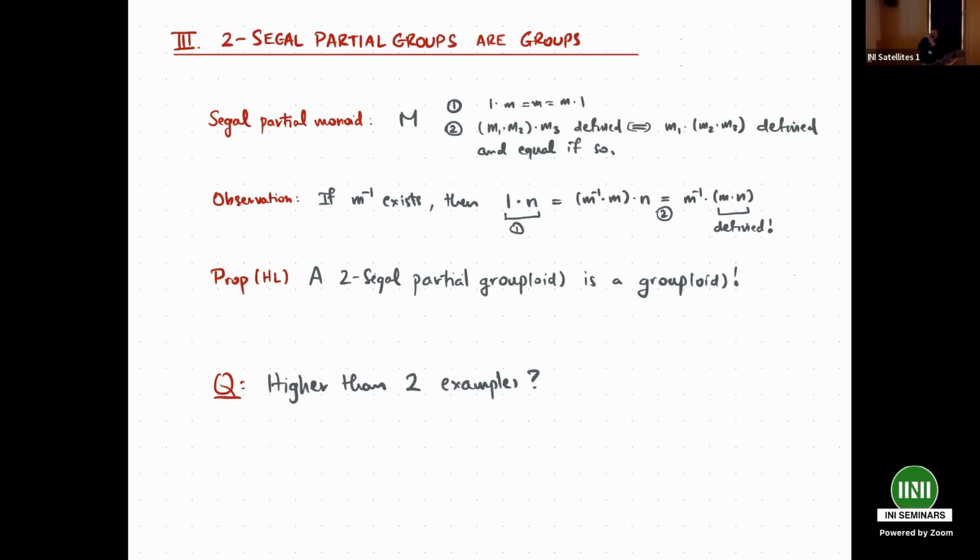So this condition 2, this associativity condition, together with inverses, is forcing one-Segality. And this is the first question that Philip asked me: is a partial group 2-Segal? And the answer is, well, not unless it's 1-Segal. So the really only interesting higher Segal conditions for partial groups are the higher than 2 ones.